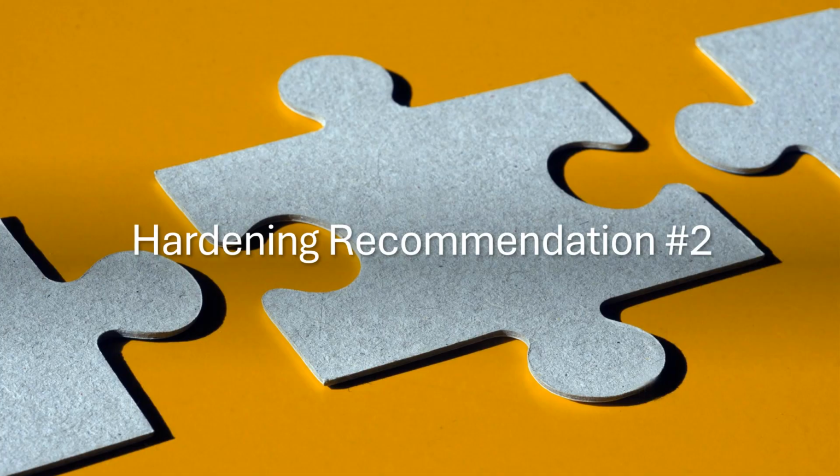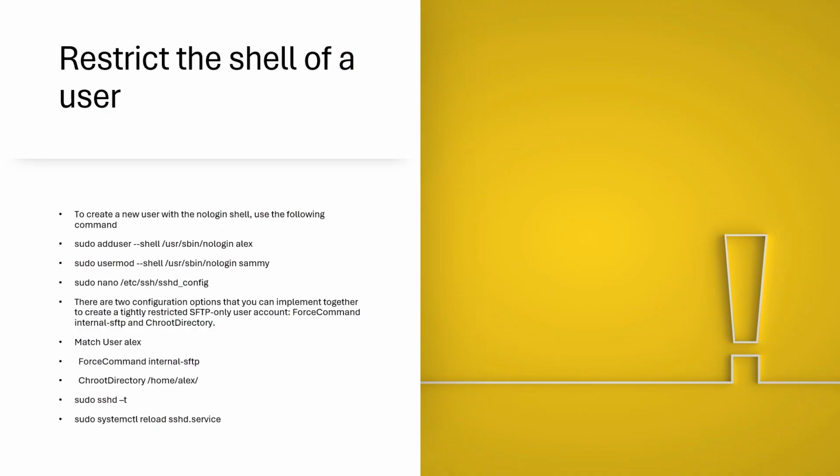This is the second hardening recommendation, which would be to restrict the shell of a user. To create a new user with the nologin shell, you would use the following command, which uses that sudo command, which, as we stated before, is to run as root, a high level administrator.